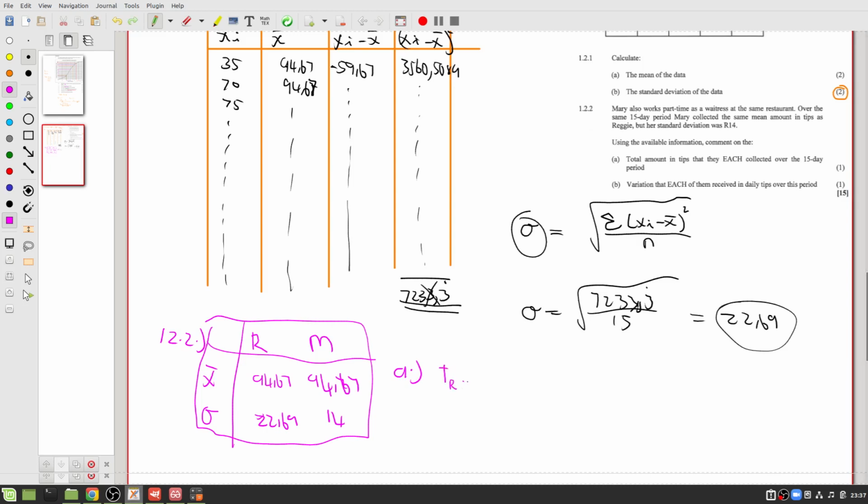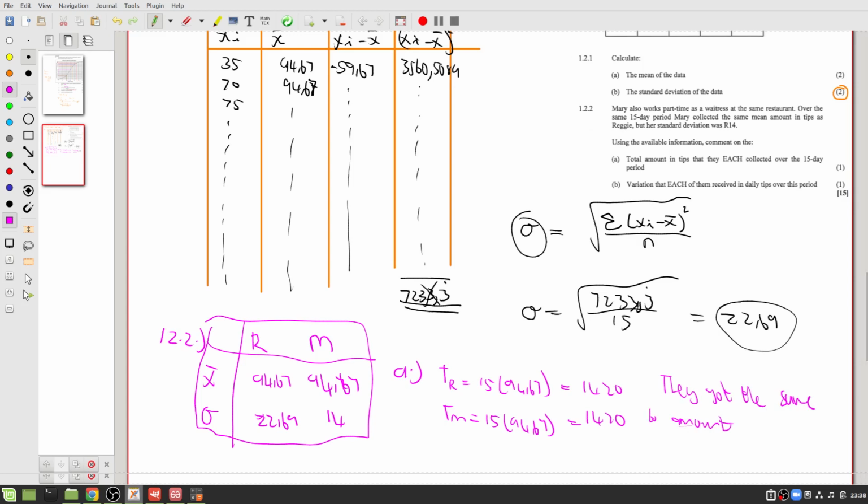The total for Reggie would be 15 times 94.67, and the total for Mary would also be 15 times 94.67. And both of them would be 1420, right? So they got the same. So that's what you want to say. They got the same amount of tips, the total amount.